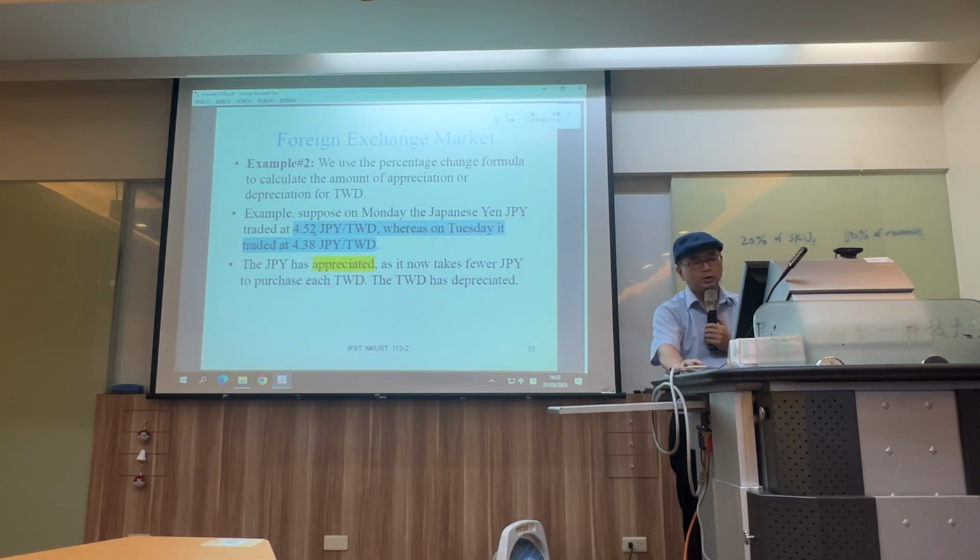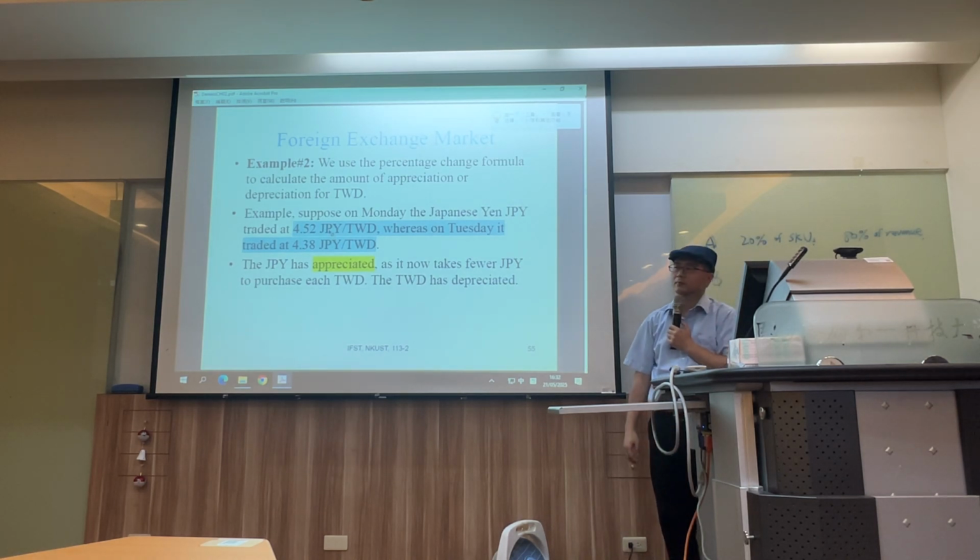So when the number changed from 4.52 and your exchange ratio has the New Taiwan dollar as a denominator, do you think in this case the Japanese yen has become weaker? No, it becomes stronger. Becomes stronger, right?